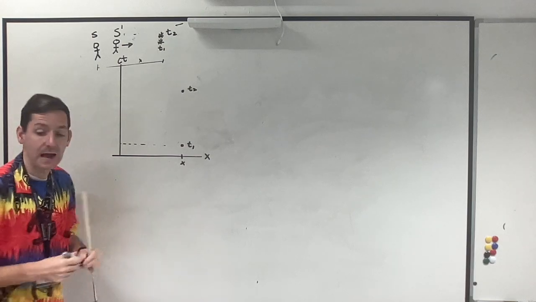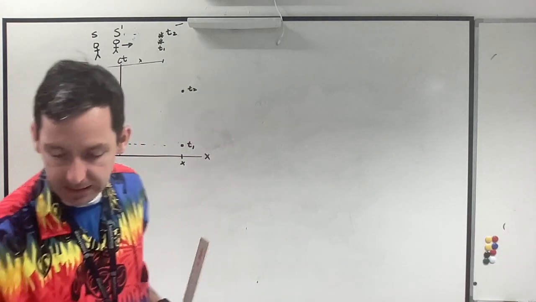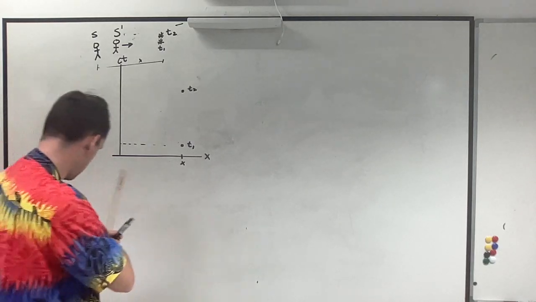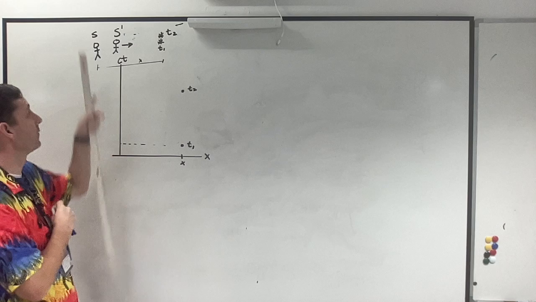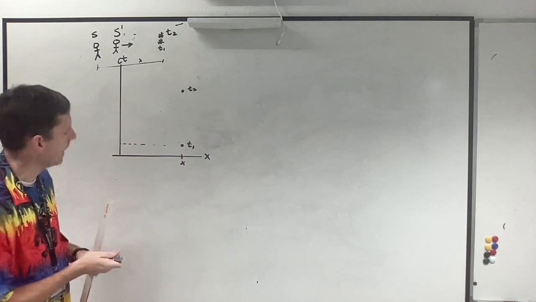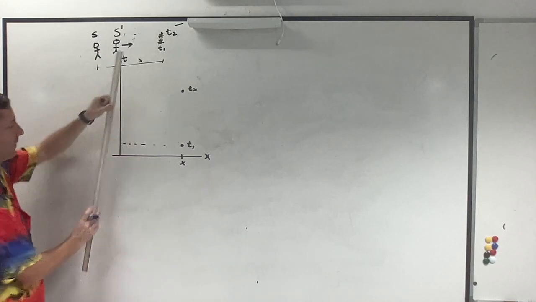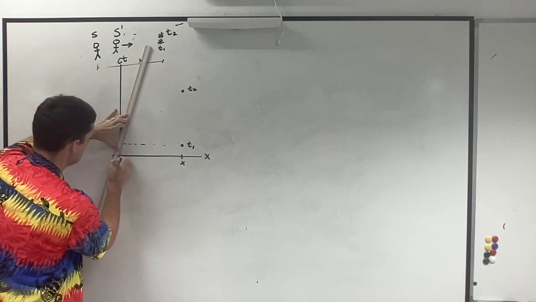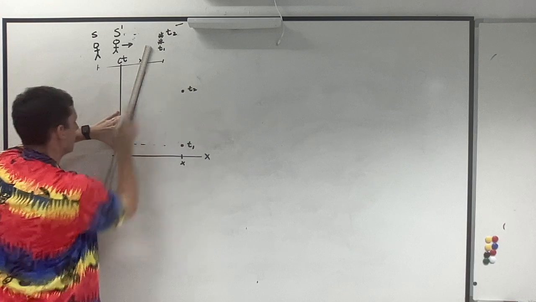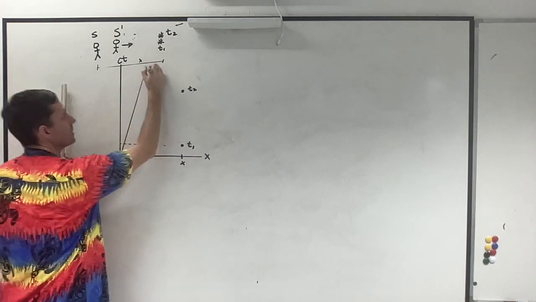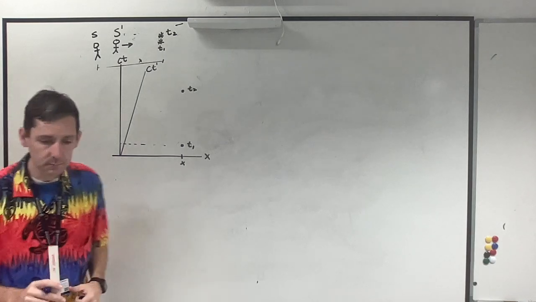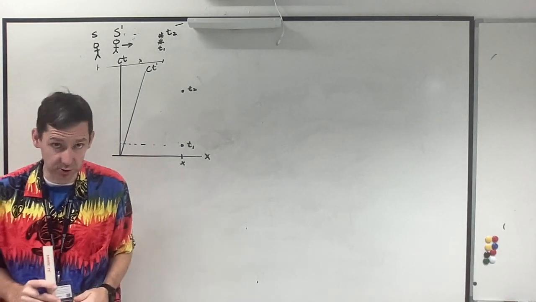All right? Now, with that, we can look at what would happen from the perspective of the moving person. Okay, the moving person, again, is going to have a different world line, so we're going to add in their velocity. Okay, so something like this. So CT prime.